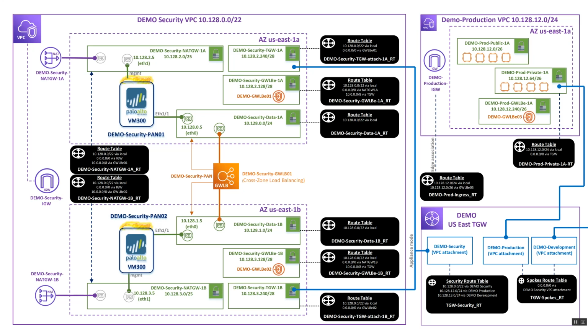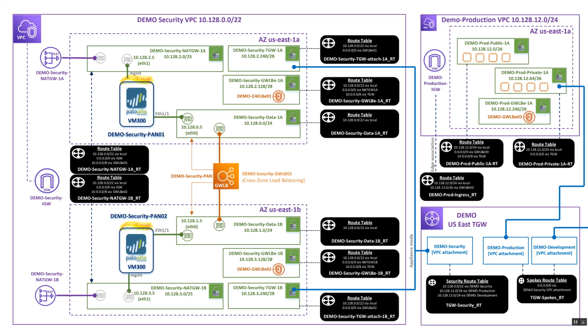I'm associating the IGW to this route table, and the sole purpose of this is so that any traffic that comes from the internet gateway, once it consults this route table, you're going to notice that there's a route there that says 10.128.12.0/26, which is the prod public subnet. So any IGW traffic destined for the prod public subnet will be redirected to the GWLBE03, the gateway load balancer endpoint, instead of going directly. Okay.